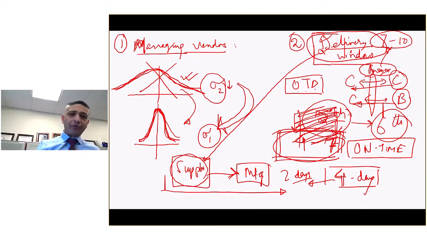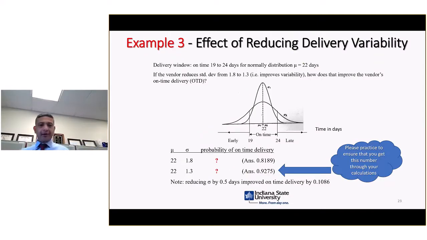So with this backdrop, let's go into trying to improve a supplier and see how that works. So when you look into a delivery window, let's suppose a delivery window has been defined as on time between 19 and 24 days. Okay, the normal distribution, mu of 22 days for a certain supplier.